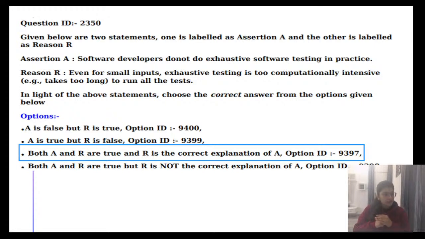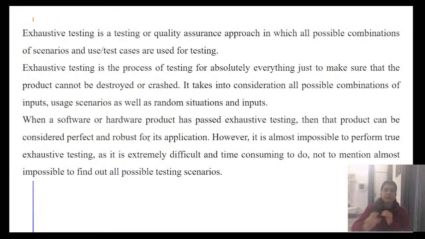Anybody, any idea what is exhaustive testing? So exhaustive testing is a testing or quality assurance approach in which all possible combinations, whatever possible scenarios we have, we try to use all those test cases in order to get a perfect software or perfect hardware.